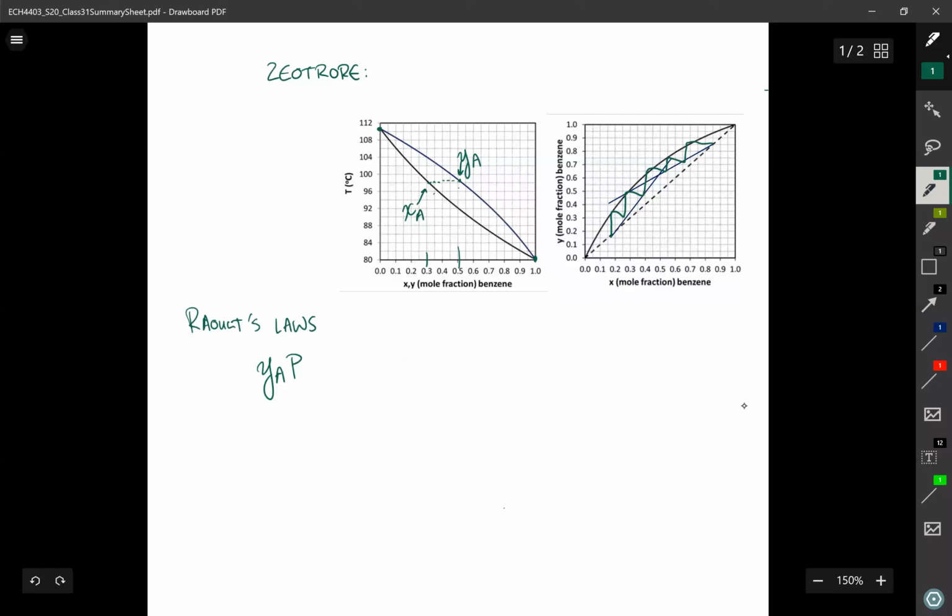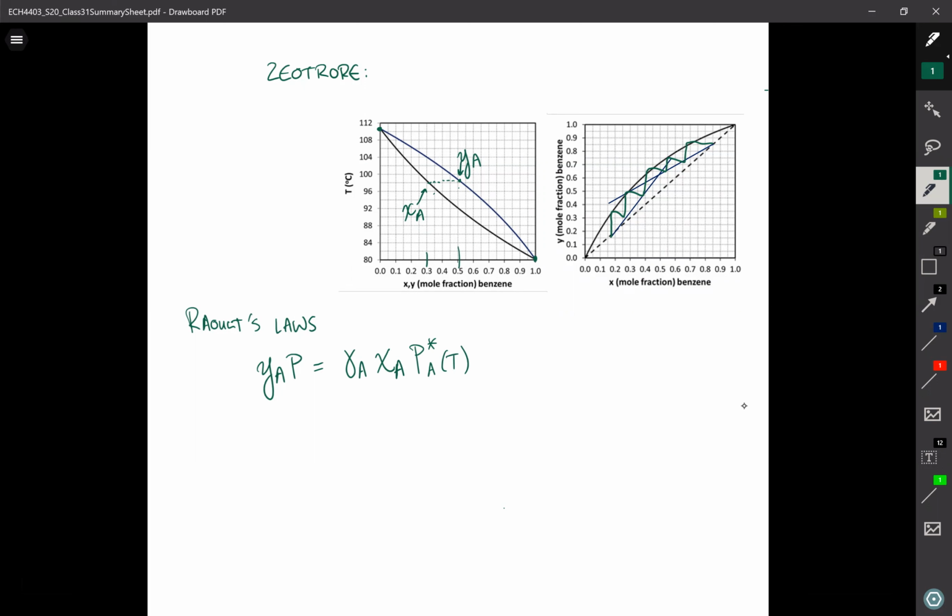Raoult's law is YA, the vapor phase mole fraction of the more volatile component, times P, the total pressure, is equal to gamma, the liquid phase activity coefficient, times XA, the mole fraction of the more volatile component in the liquid phase, times the vapor pressure of the more volatile component.